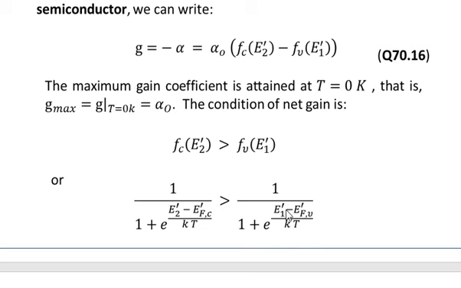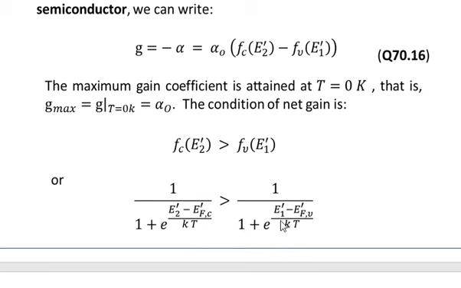Here E1 prime minus EF prime. E1 prime, you see, in the valence band, now both are negative, but EF prime, that is the Fermi level, is more negative in comparison with E1 prime. So this quantity as a whole becomes a positive quantity, and at absolute zero it becomes equal to plus infinity, and e to the plus infinity is infinity.